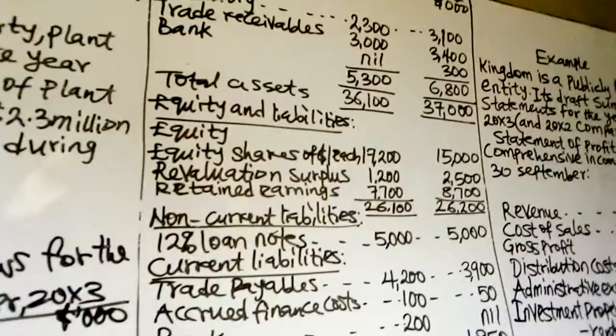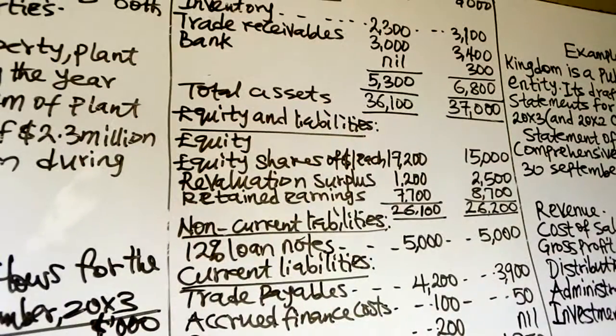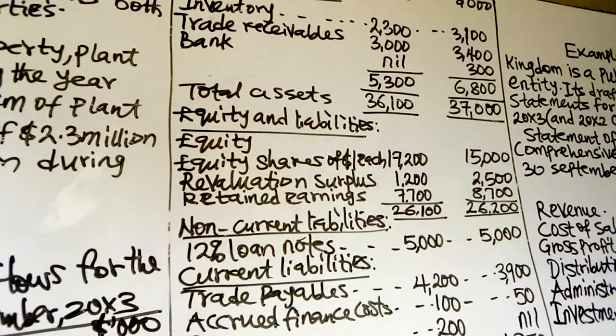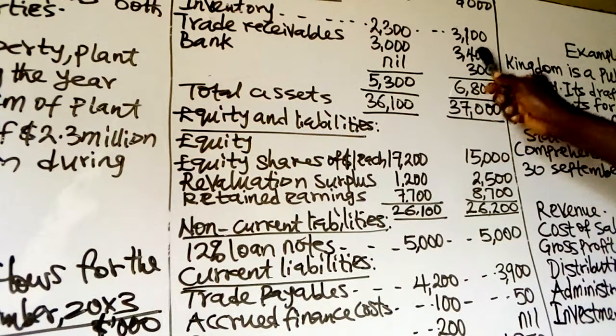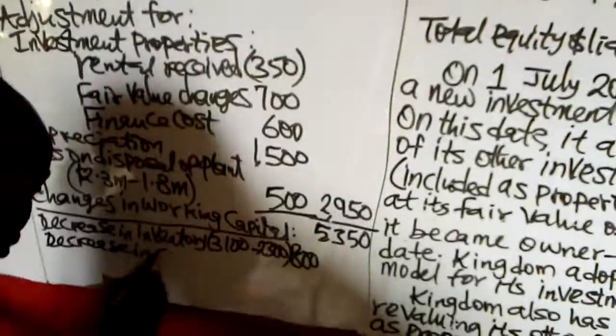After inventory, you have trade receivables. The closing is 3,400, while the opening is 3,000. That means there is a decrease in receivables.